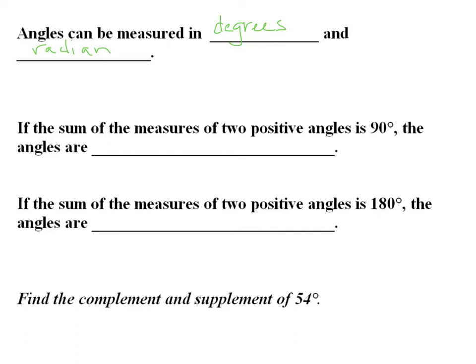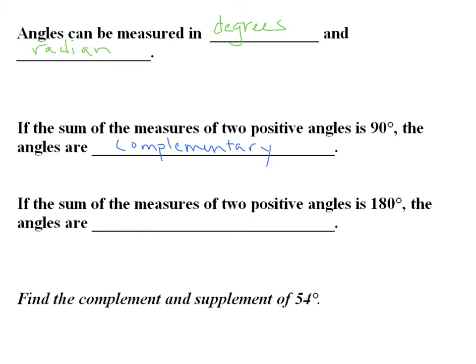Before we go any further, let's talk about two vocabulary terms that you should have seen in geometry. The first, remember, if the sum of the measures of two positive angles is 90 degrees, the angles are referred to as complementary angles.